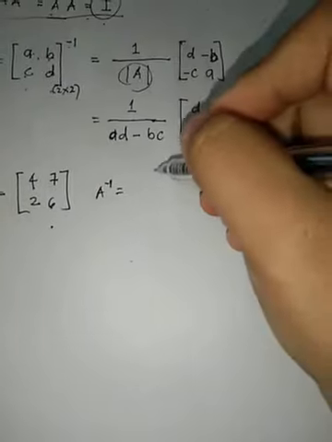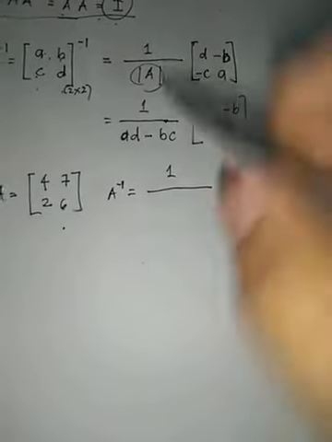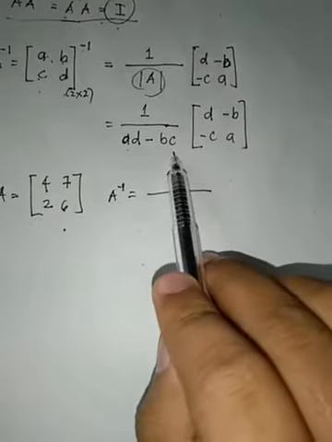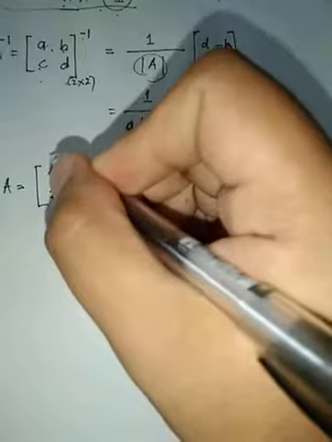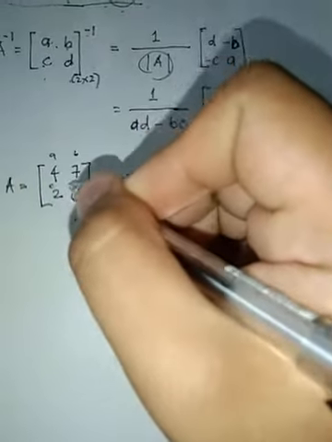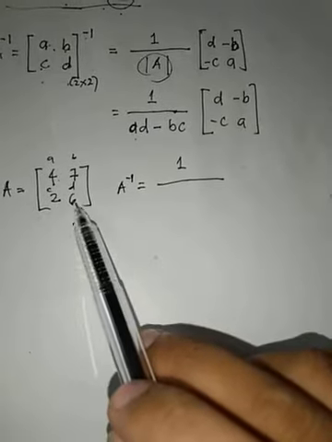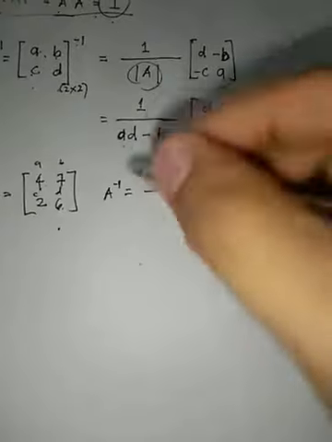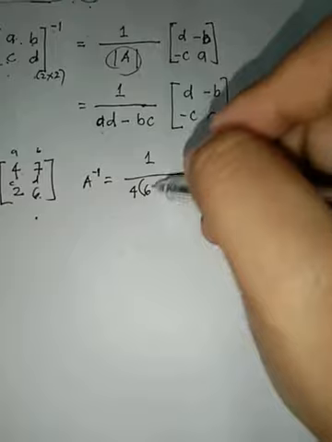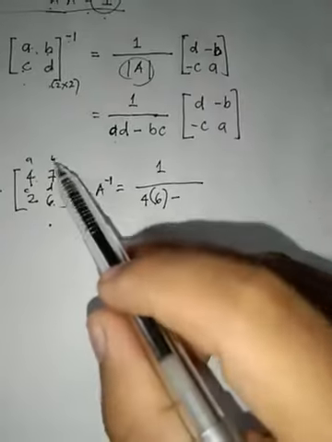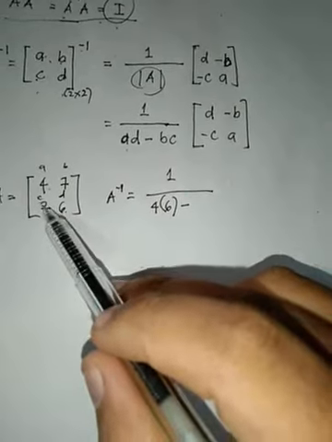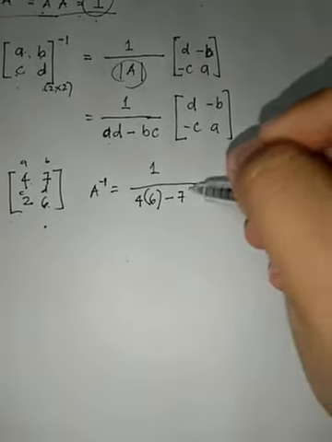Now we have 1 over. Gayahin nyo lang ito. Take note, this is A, B, C, at saka D. So A times D, so we have 4 times 6 minus B times C, so it is 7 times 2.